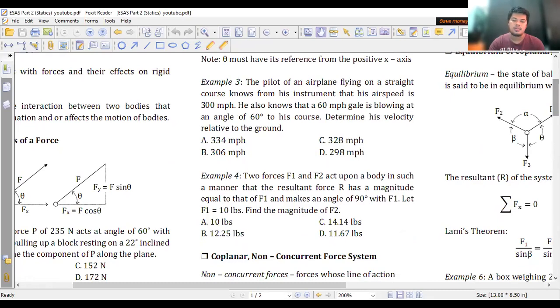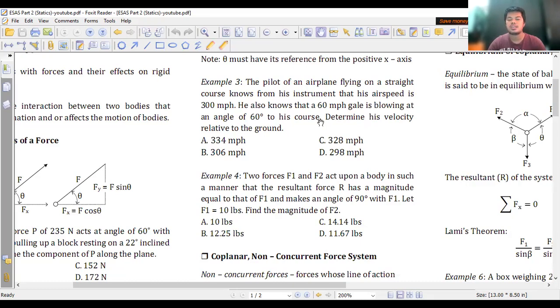In example number 3, we have a pilot of an airplane flying on a straight course who knows from his instrument that his airspeed is 300 miles per hour. Now that's not 300 meters per hour. mph is usually designated as miles per hour.